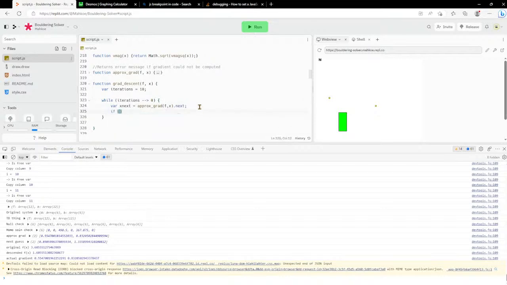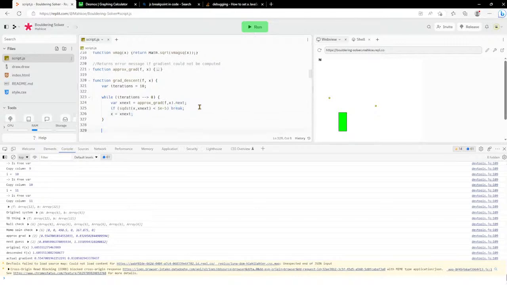Now let's just do if the square distance between x and x next is less than, I don't know, 1e minus 5, then break. Do x equals x next. And return x. Right?